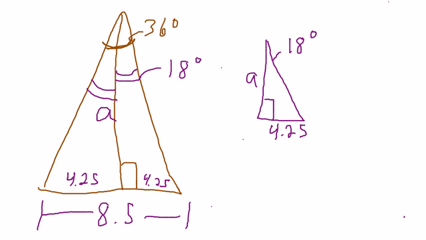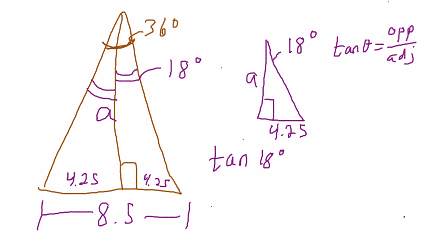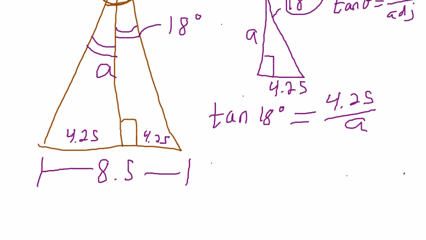So in this case, if I wanted to figure out A, probably the best way to do that would be to use the tangent function, because the tangent of an angle is the opposite length over the adjacent length. So the tangent of 18 degrees is 4.25 over A, because from 18 degrees' point of view, 4.25 is the opposite, and A is the adjacent.